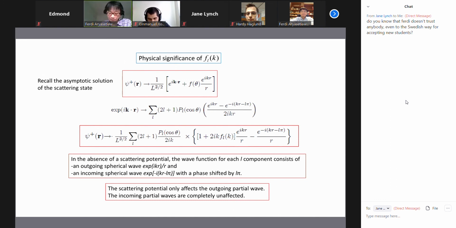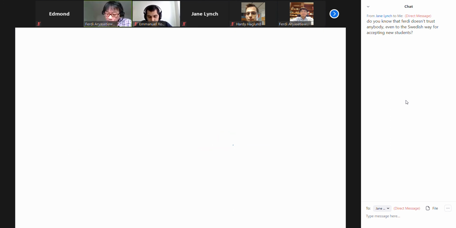So first of all, we see that the amplitude of the outgoing spherical wave is modified by the scattering potential, so that is the FL. But we also know that we have elastic scattering.